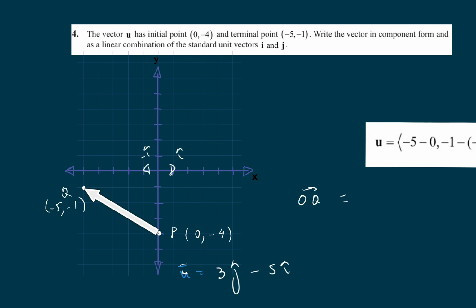So 3j, this vector, 3j. Let's put it here, 3j. And now minus 5i will be u. So I find u: 3j minus 5i, or if you want to put it like this, minus 5i plus 3j. This is the visual way of doing the problem.